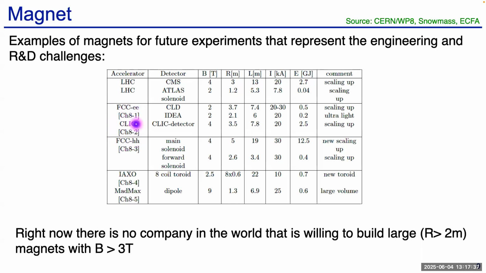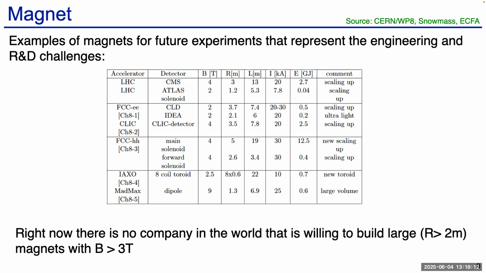What our friends in high energy physics have in mind for this Higgs factory, which we now call FCC, if it is built at CERN, is something in the order of 2 Tesla, but also very large. A radius here of 3.7 meters and a length of 7.4 meters. Enormously large magnets. The reality is, and we looked at this, there is no company in the world right now who will build you a large magnet, let's say in the order of 2 meters with 3 Tesla.